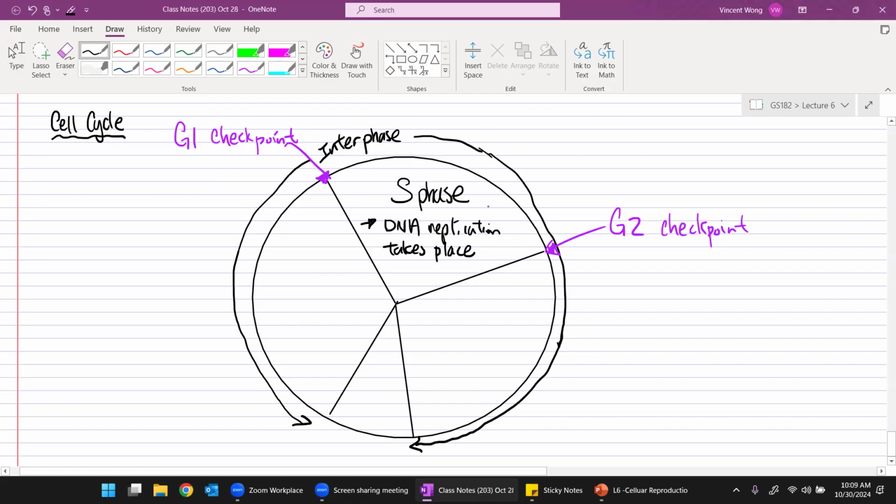So that precedes the actual division. Before you can copy your DNA, you need to check a few things. That's what the G1 checkpoint is. There are a couple of things that we can check. Number one, the quality of DNA.